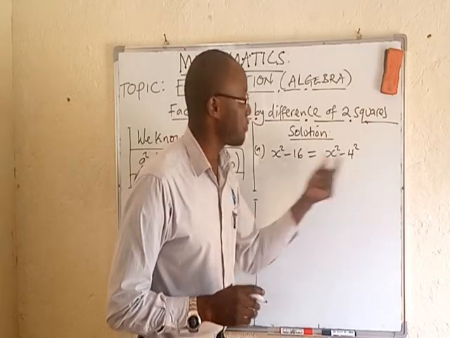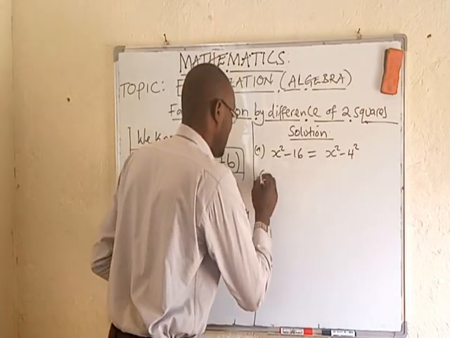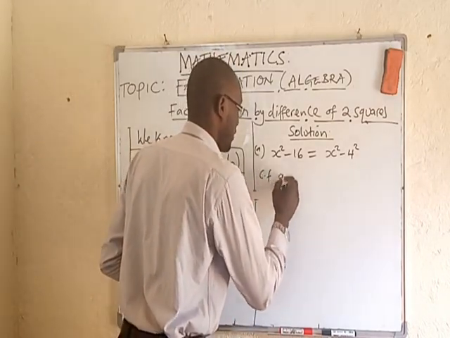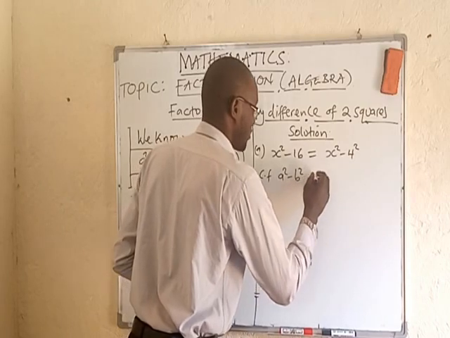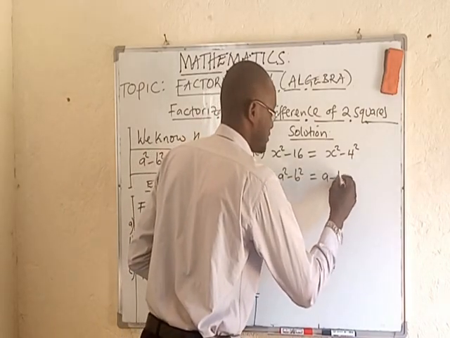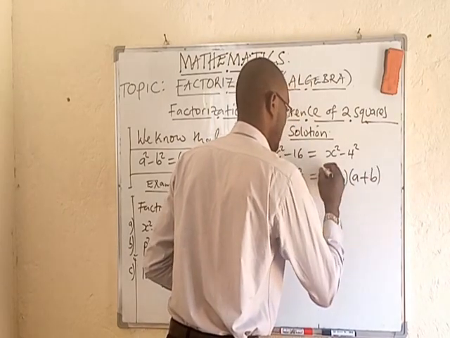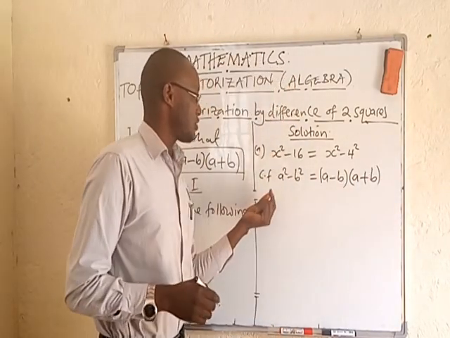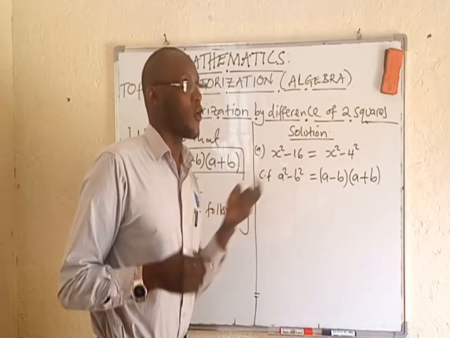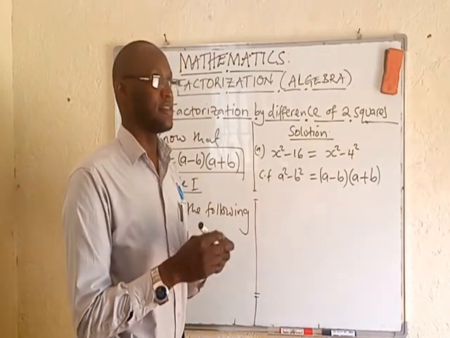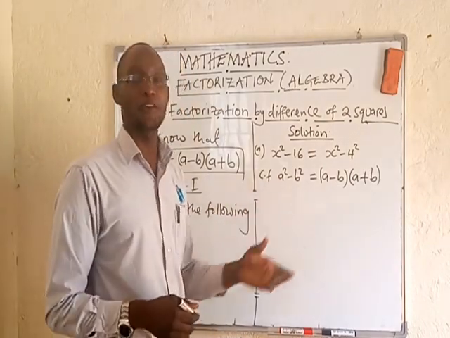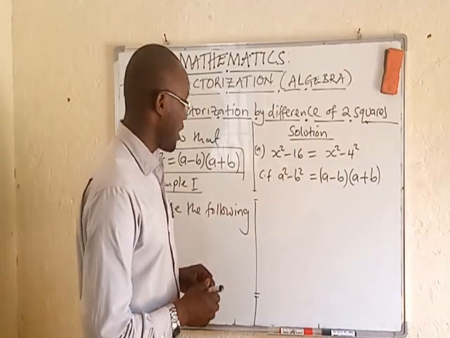So how can we simplify this? Then we tell the examiner, compare from a squared minus b squared, which is a minus b into a plus b. CF, I told you, means compare from in our calculations. It is compare from.